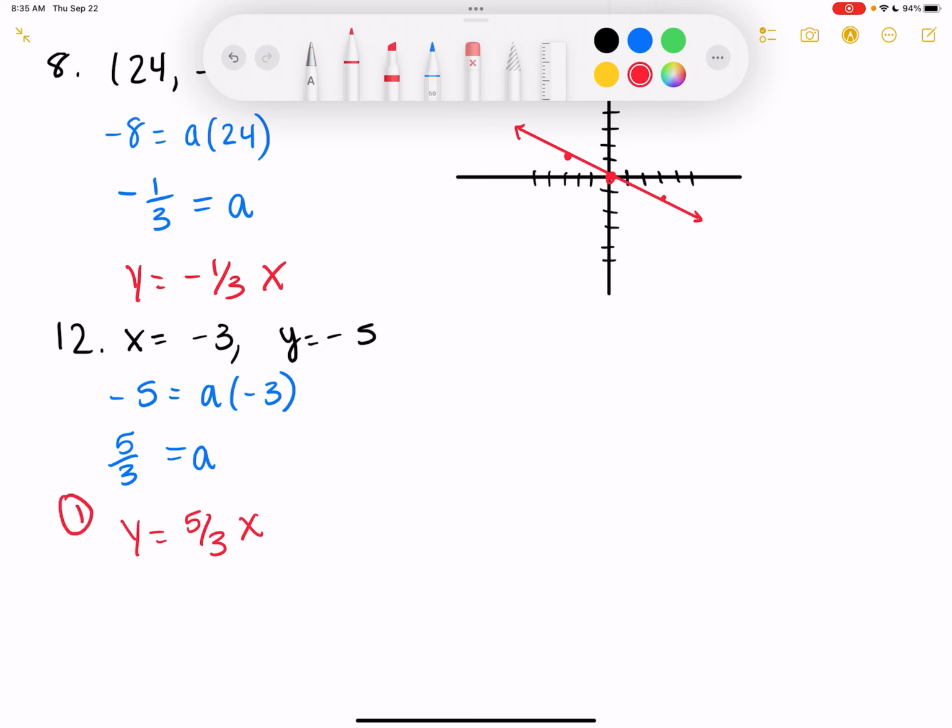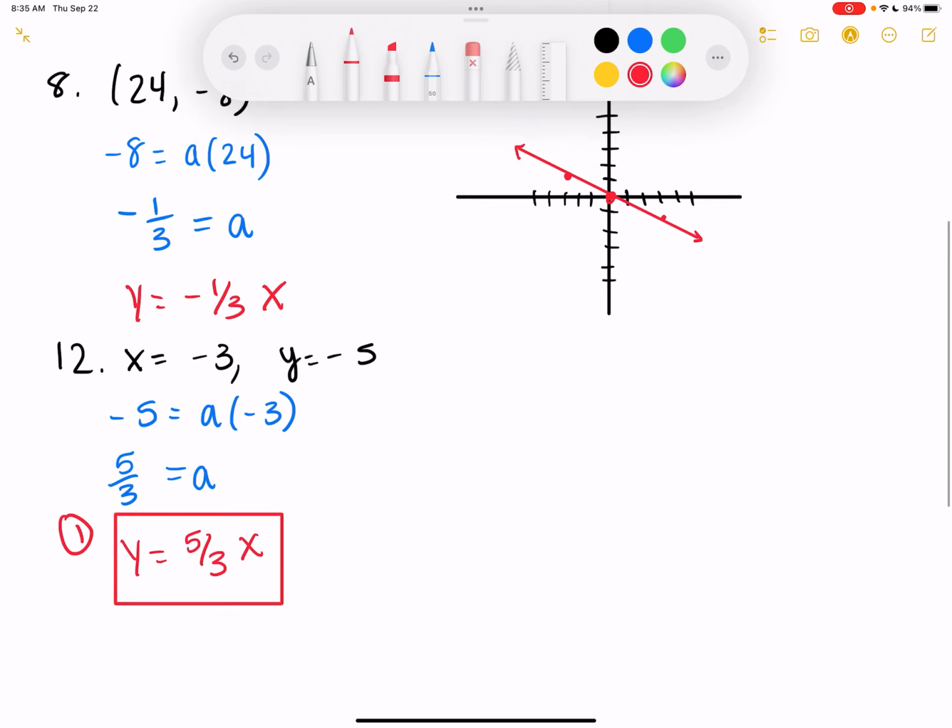Now this is part 1 of the question. Part 2 says what happens when x is equal to 12. So I'm going to plug in y equals 5 over 3 times 12. So what is y? 20. And this is part 2 of the problem.